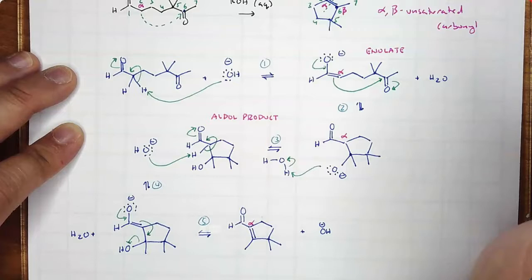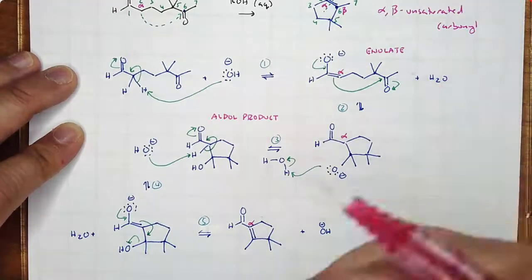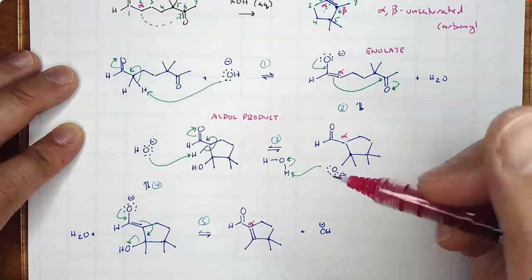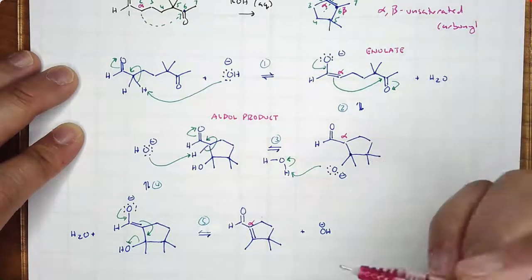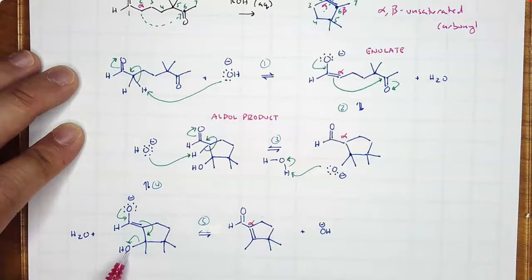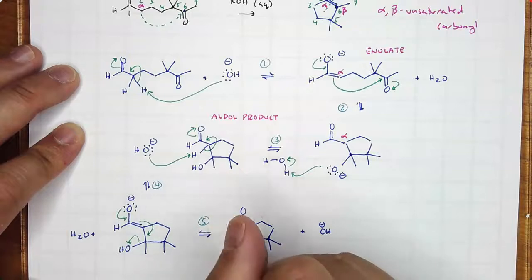Okay, I know you've been drilled that OH is a bad leaving group, but when you're under basic conditions, and maybe if you add a little heat, it will take some time, but eventually you will kick out the OH minus, but also you make a very stable conjugated system.